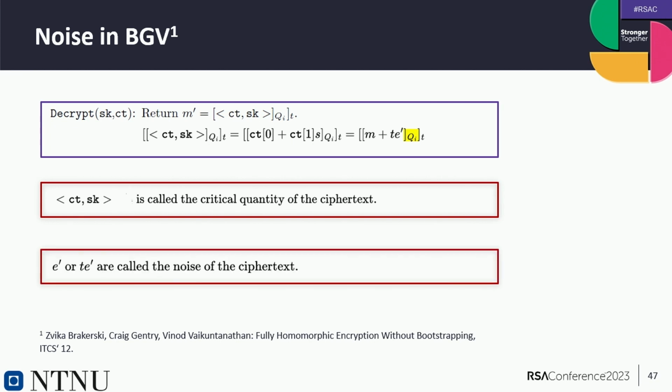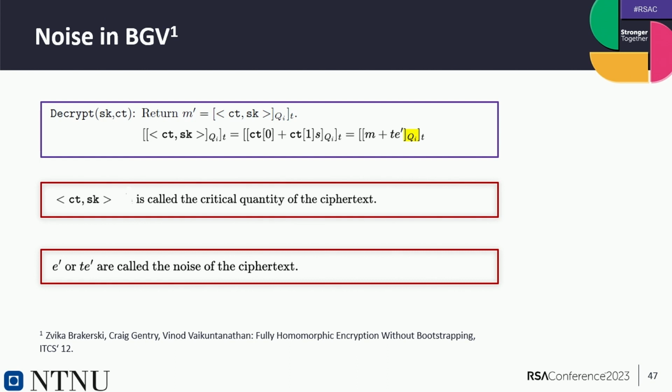This e prime is often called the noise of the ciphertext. Now we could argue, why don't we just set our parameters in the beginning so that we know that m plus t e prime never gets bigger than q_i, we don't get a wraparound, and we're always safe. This would be a possibility if BGV was a normal scheme in the sense that messages get encrypted, sit patiently around and wait for being decrypted, and then get decrypted at some point.